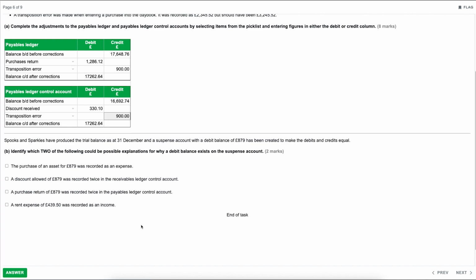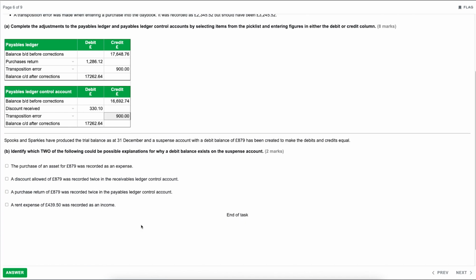The purchase of an asset for £879 was recorded as an expense. Well, both of these are debit entries, so although it's gone to the wrong account, it wouldn't have any effect on our trial balances, i.e. our debit or credit balances, because both of them should be debits. So that's not a problem in terms of causing an imbalance. It would just need to be corrected by taking out the expense account and put to the asset account.